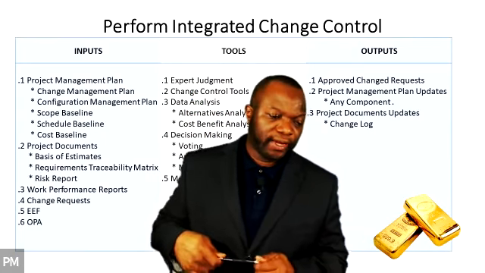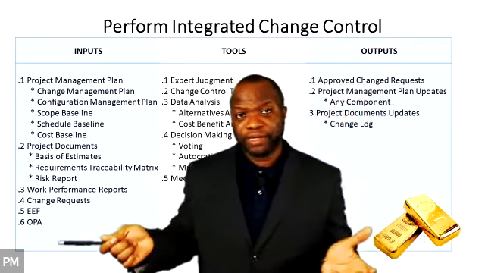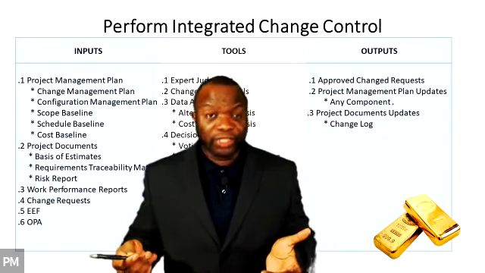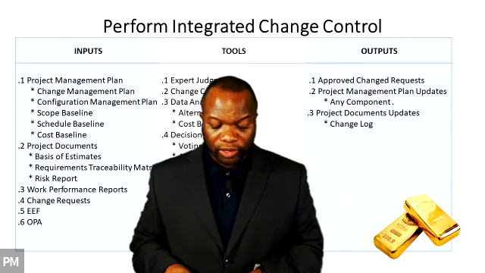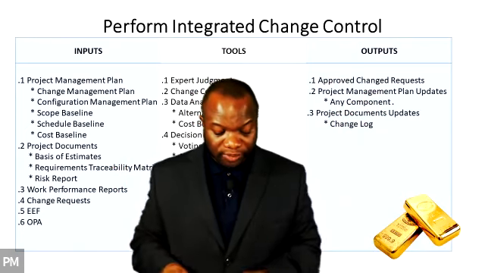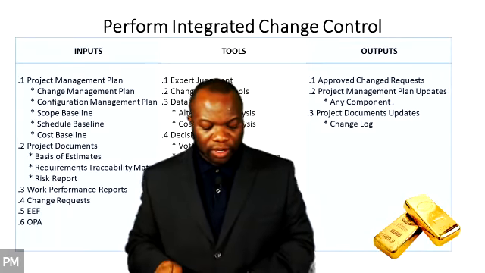The next one here is autocratic decision making. What does this mean? It means one person makes the decision whether to approve or reject. It could be the major customer, maybe the CEO of the customer company says, we're gonna go ahead and do this. Maybe they have more power in the change control board. It really depends, you see. But one person decides.